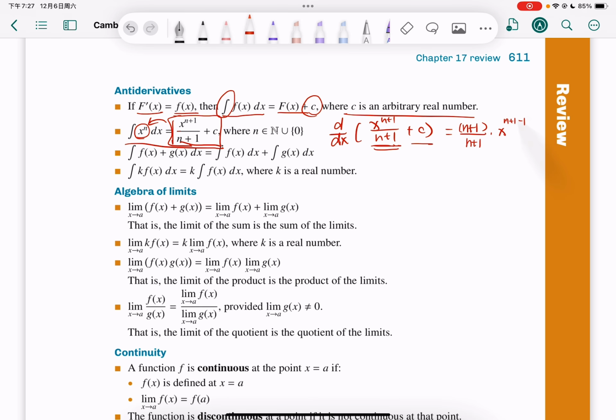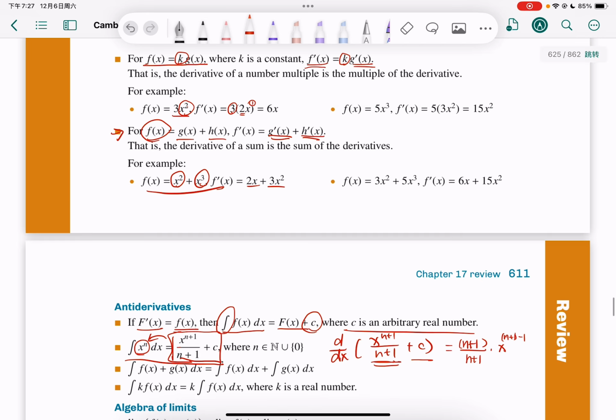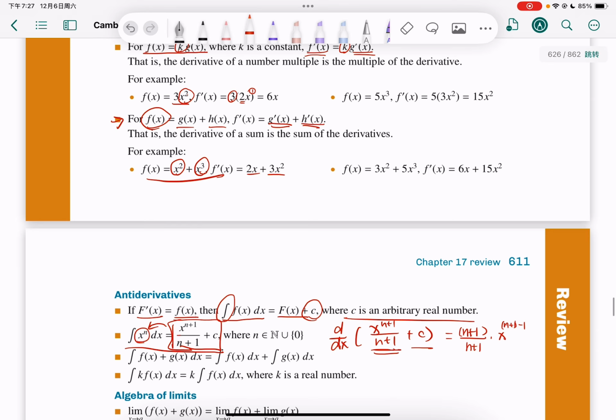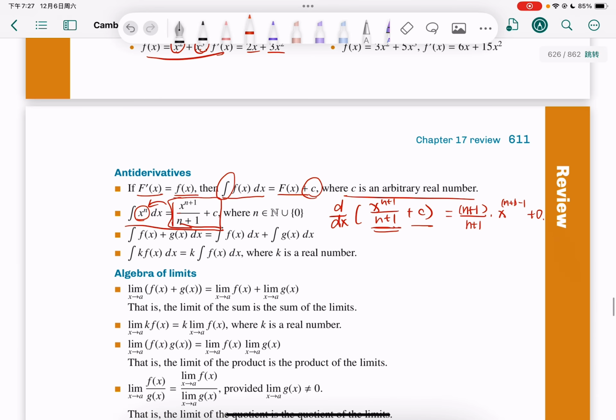We minus 1 from the power. What about constant c? We said earlier the constant has diff of 0, so it's just plus 0. In the end, we get x to the power n, which is exactly this one. So it's very important to remember that integration and diff are reversely related.